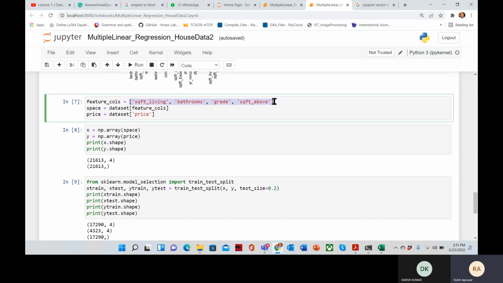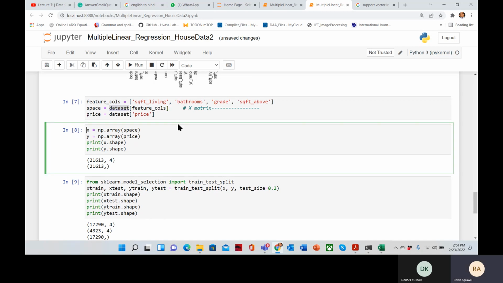That means the columns. So this is our x values, you can say x matrix. This is our data set, and in this data set we are just selecting 4 columns. Which columns? We are selecting these 4 columns.